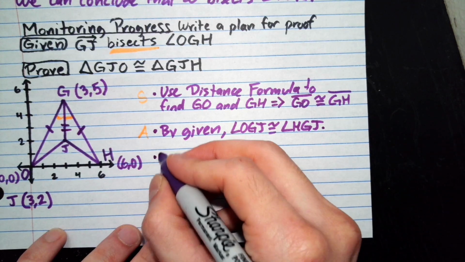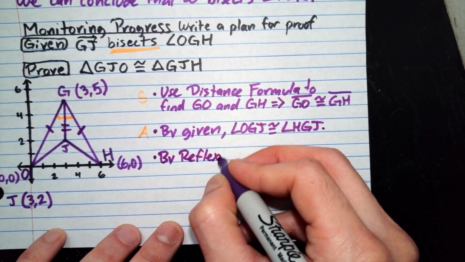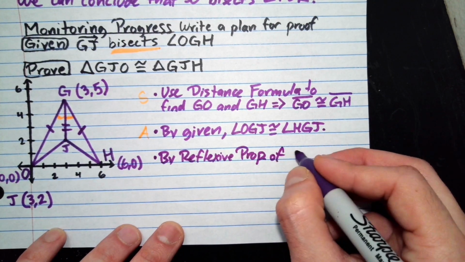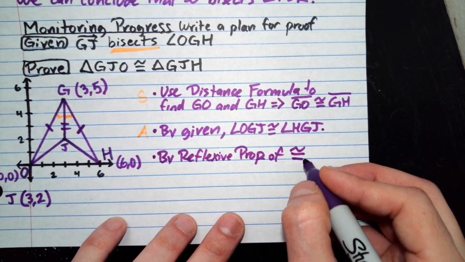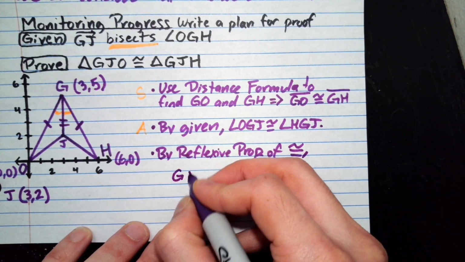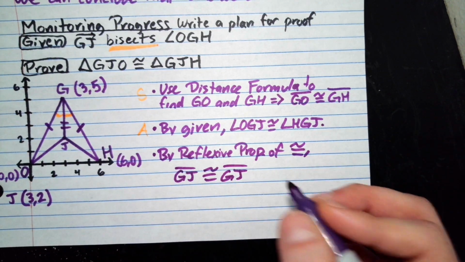So we can say by reflexive property of congruence, we have that GJ is congruent to GJ because they are the same line.